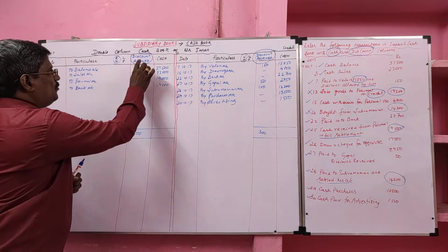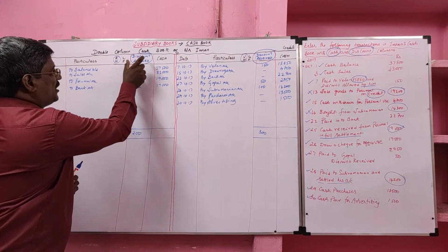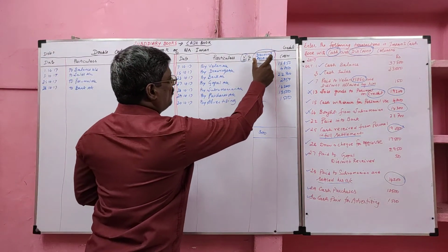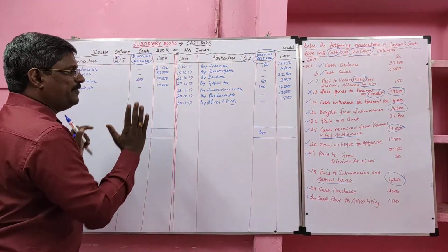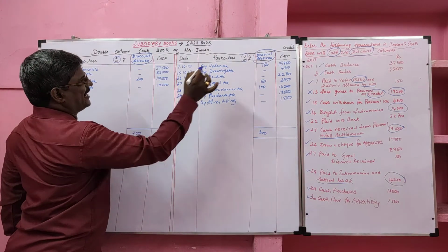On the debit side, discount allowed totals 200. On the credit side, discount received totals 300. It should be totaled, not balanced.